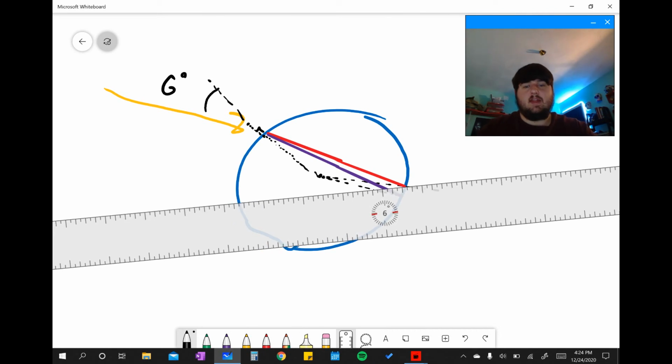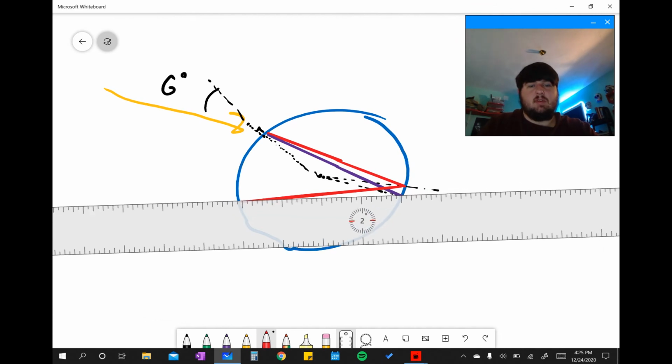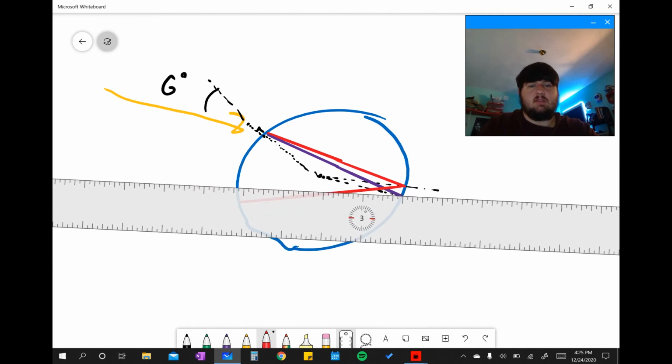So if you can see my cursor, this is our red line that is being internally reflected, and this black line is the tangent for the red line. So the red line is now going to be internally reflected all the way up here, and the purple is going to be like this.